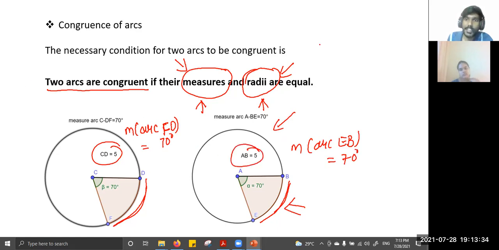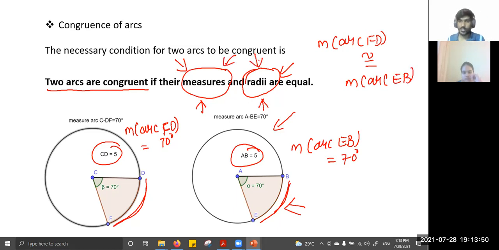So I can now say that arc FD is congruent to arc EB. Why? Because it is satisfying both these conditions. Their measures are same, both are 70 degree, and both of them belong to circles with the same radius, that is 5 centimeters.